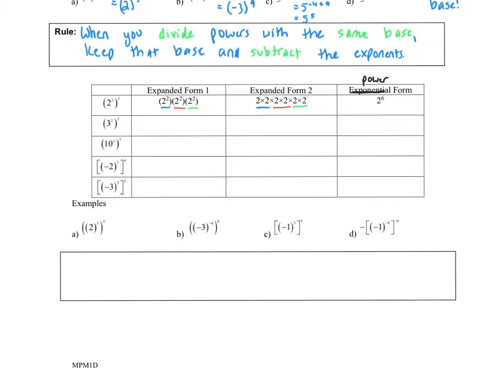In the next example, we have 3 squared, squared. So now I have 3 squared 2 times. If I expand that further, that's 3 times 3 times 3 times 3. So as a single power, that's 3 to the exponent 4. The next example, I have 10 cubed, so I have 10 cubed multiplied 3 times.